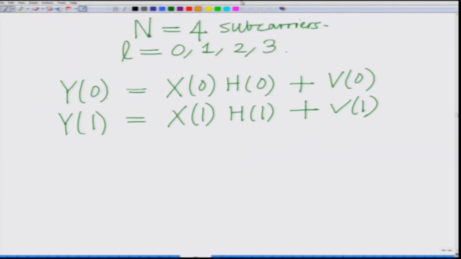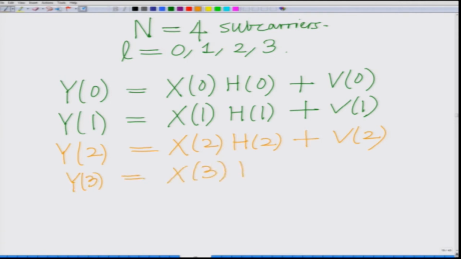By the same token, y2 equals x2 h2 plus v2, and y3 equals x3 h3 plus v3.